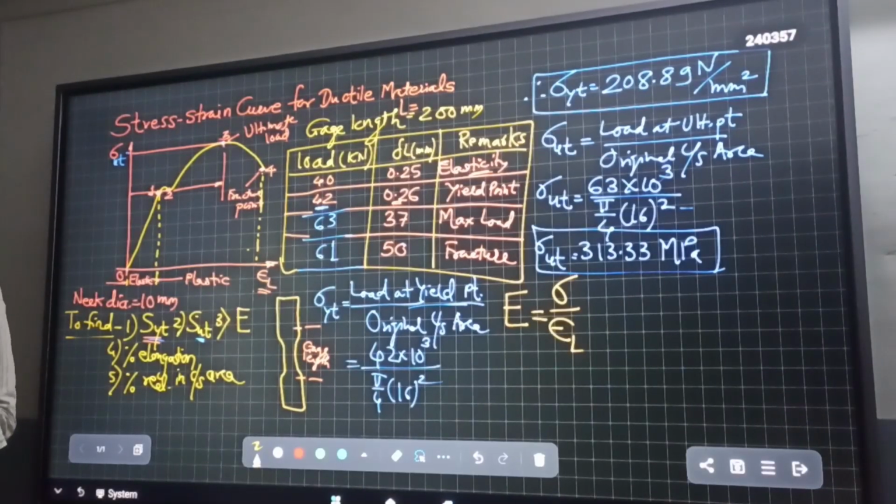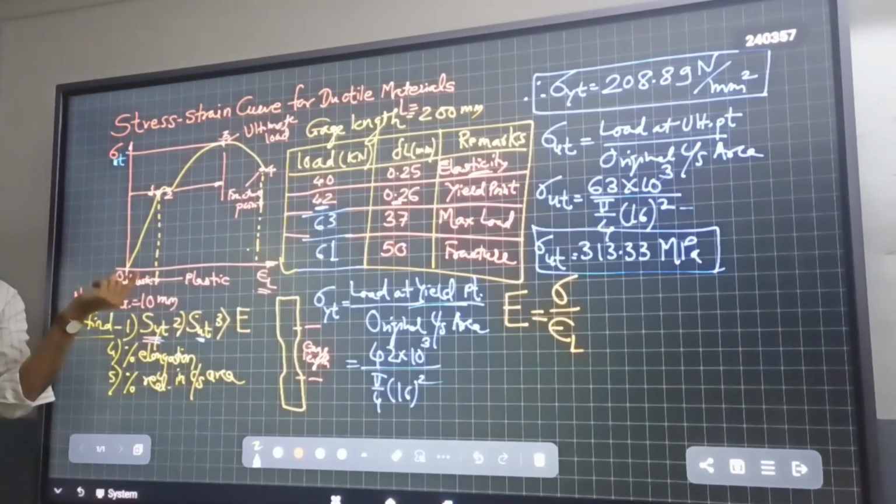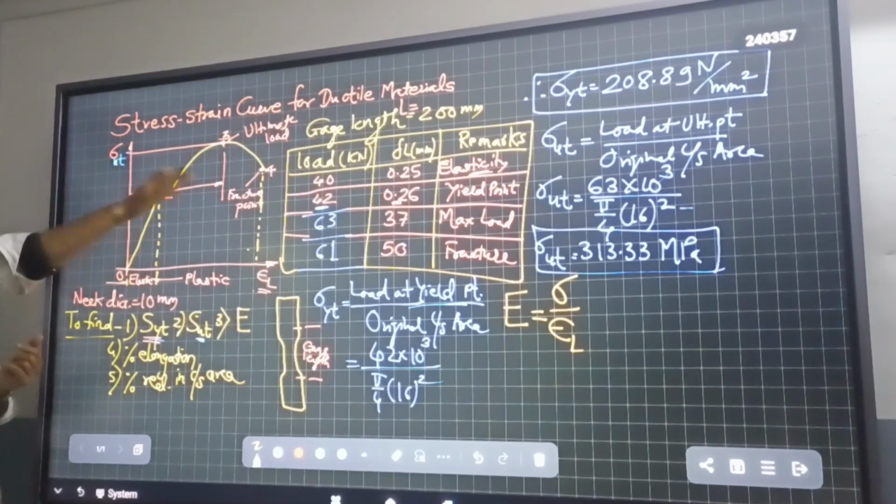Okay. Within elastic limit, stress is directly proportional to strain. So where is the elastic limit? 0 to 1. That means Hooke's law is applicable only in this region. You cannot apply Hooke's law in the plastic region. That is the meaning.